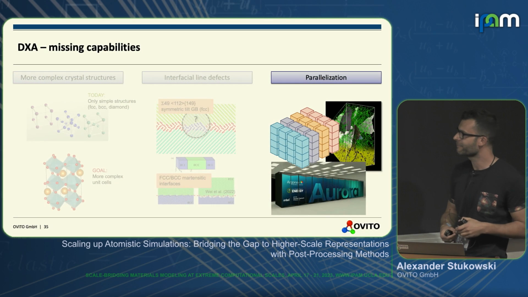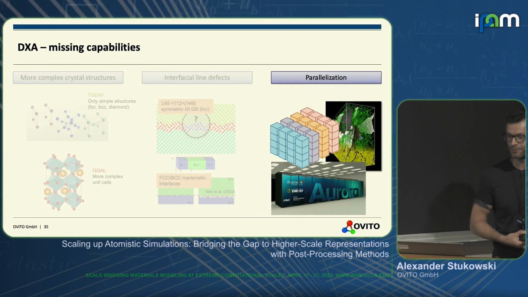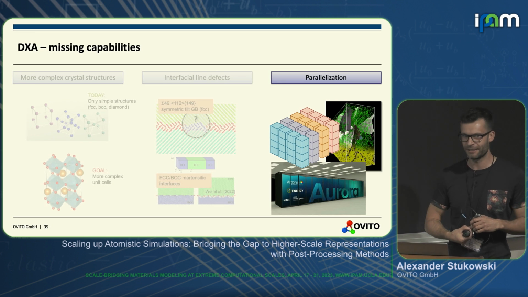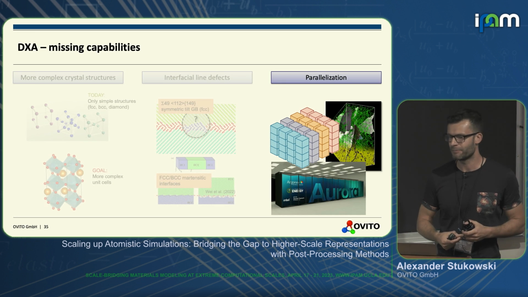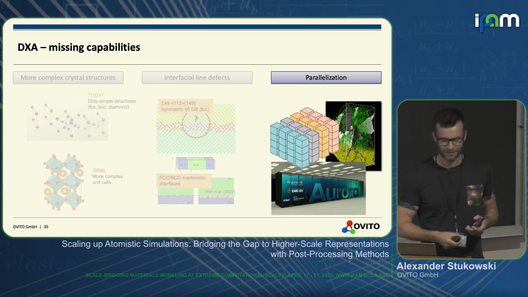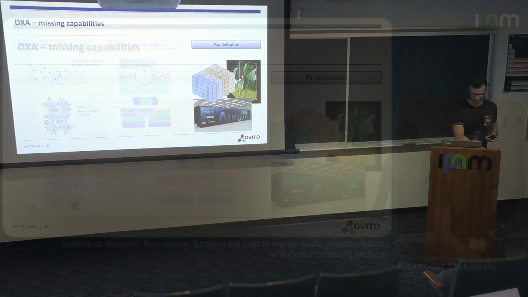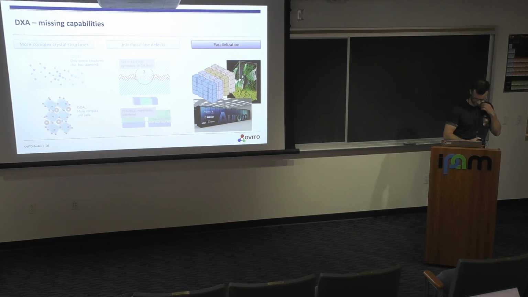Parallelization. So what can we do, or what do we have to do, to parallelize the DXA algorithm and make it ready for large-scale parallel simulations? That's something we started to think about, and Daniel will say something about that.